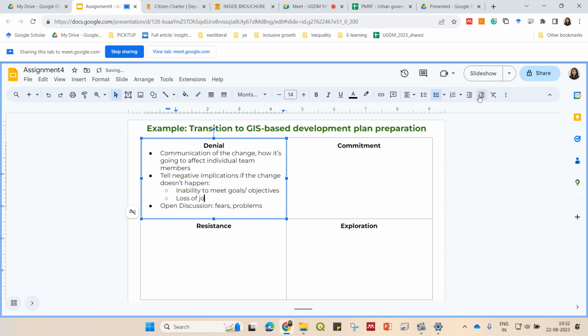So this is another very real negative implication which can come if they do not follow the prescribed reform. Any other suggestions anyone has about the negative implications?